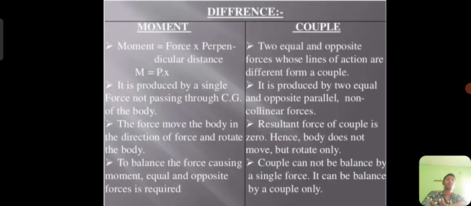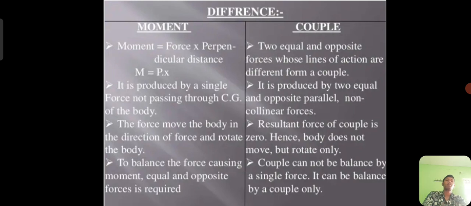Difference between moment and couple. Moment means force into perpendicular distance. It produces a single force passing through the center of gravity of the body. The force moves the body and rotates the body. To balance the force causing the moment, an equal and opposite force is required.